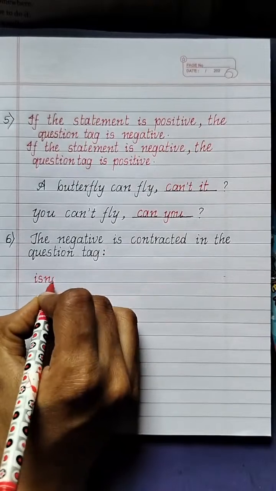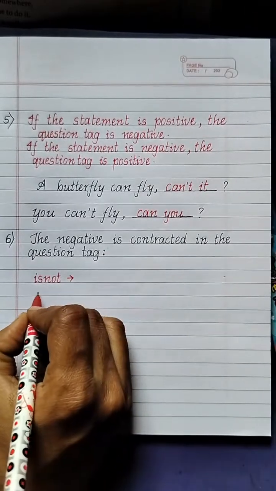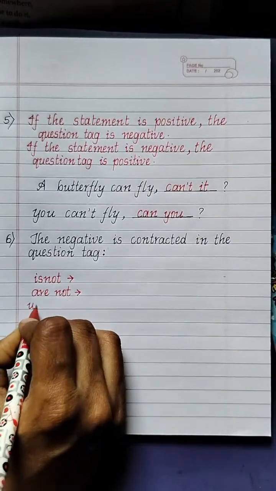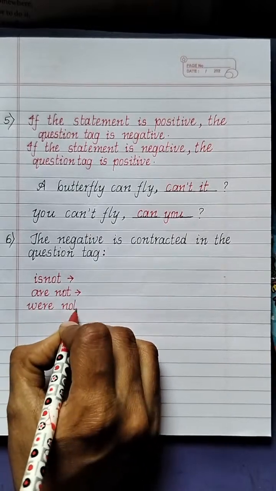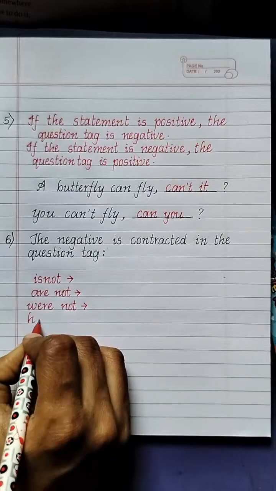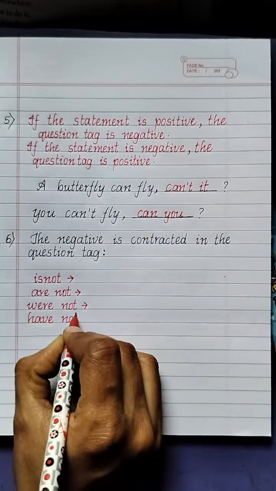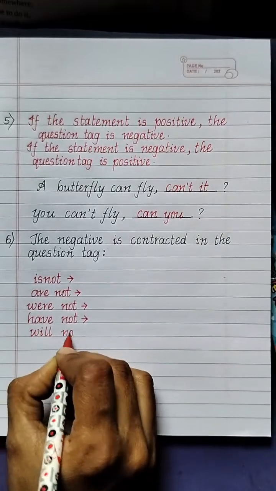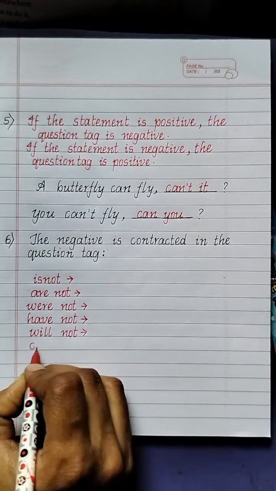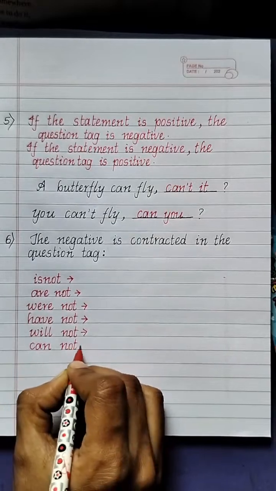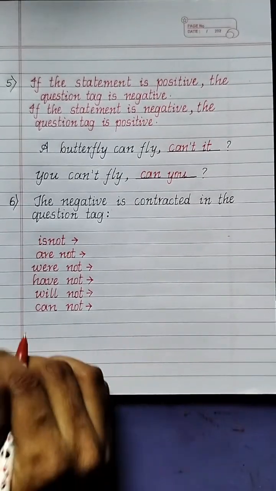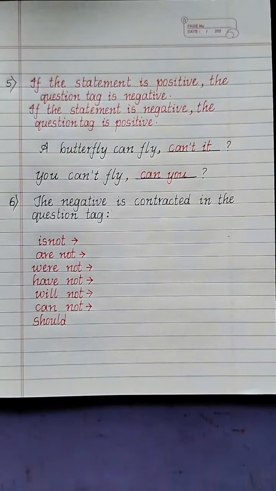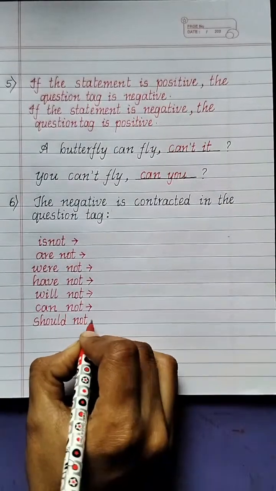First is not, are not, were not, have not, will not, cannot, should not.